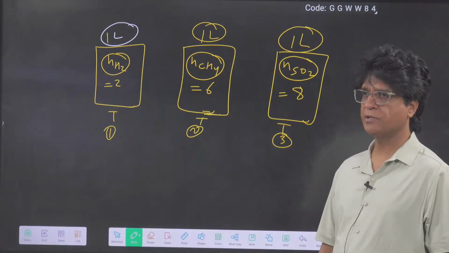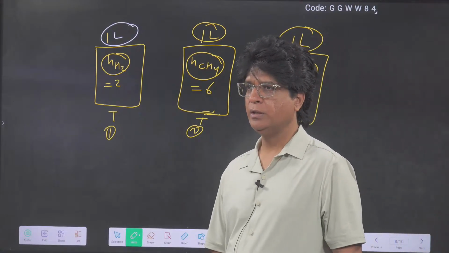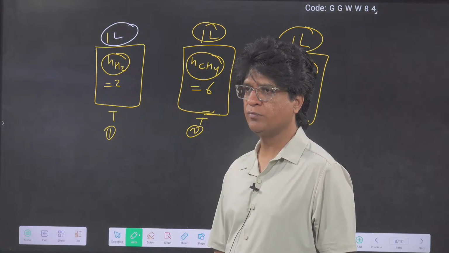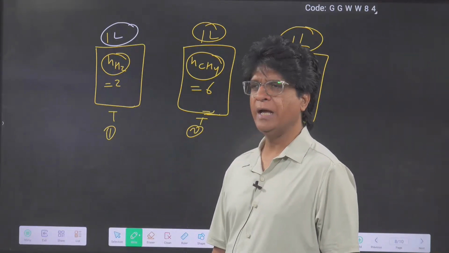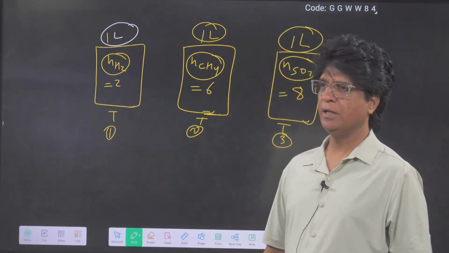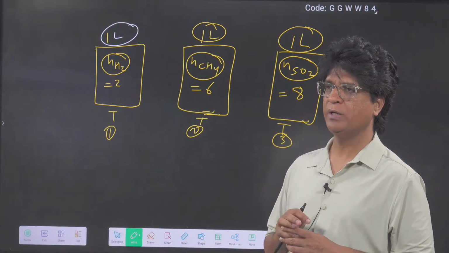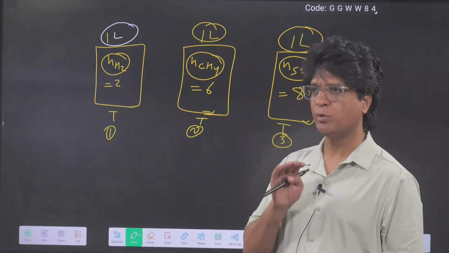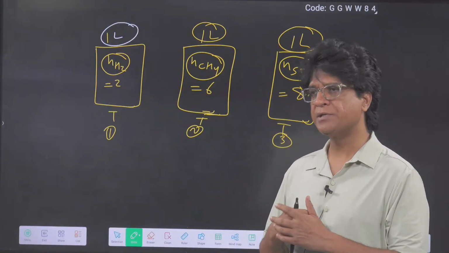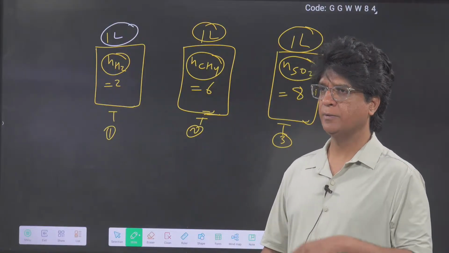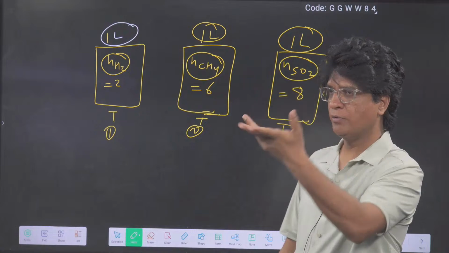Vikas is saying still 1:2:3. Sir, I mean 8 moles of H2O in a 1 liter vessel. No. H2O is a liquid, and liquids are incompressible. You can't keep 8 liters of H2O in a 1 liter vessel. You can compress gases only. Only gases are compressible, not otherwise. So now you are saying it correctly.